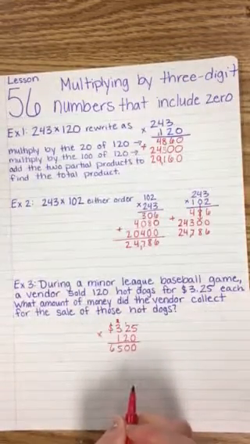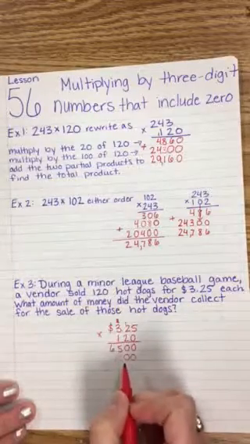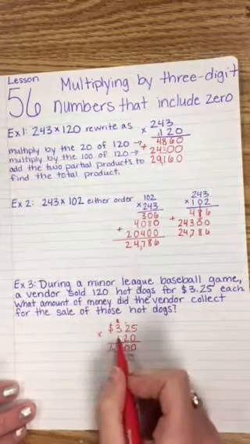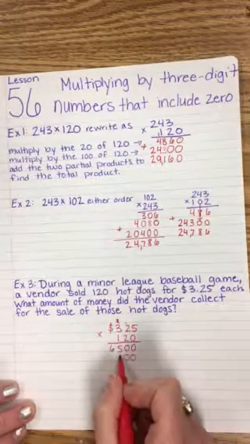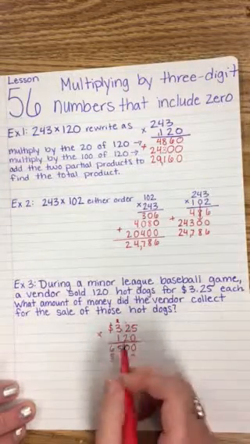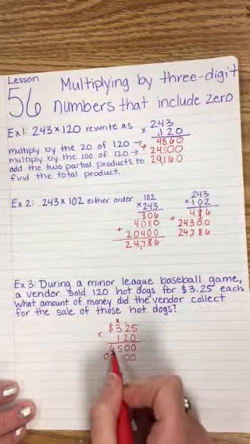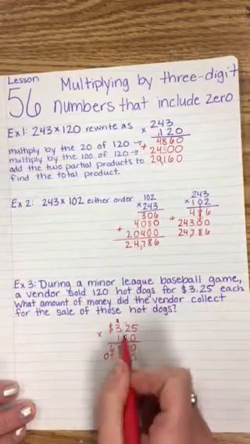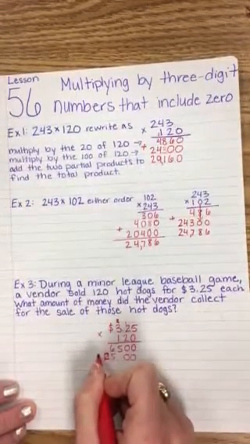And then I'm going to add my zeros for the hundreds spot and do 1 times 5 is 5, and 1 times 2 is 2, and 1 times 3 is 3.